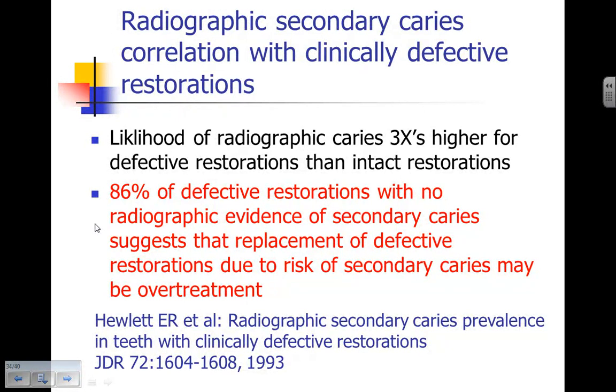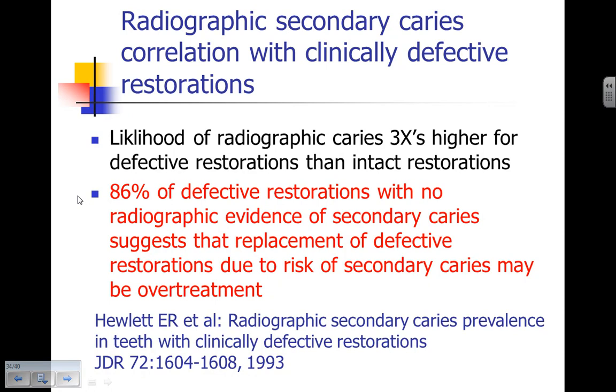What was interesting from the data was the likelihood of radiographic caries, recurrent caries, and seeing it under a defective restoration was 3 times higher. If the restoration was defective, we could see that it was broken or it had an open margin, as compared to a restoration that appeared to be completely intact. 86% of the defective restorations had no radiographic evidence of secondary caries.